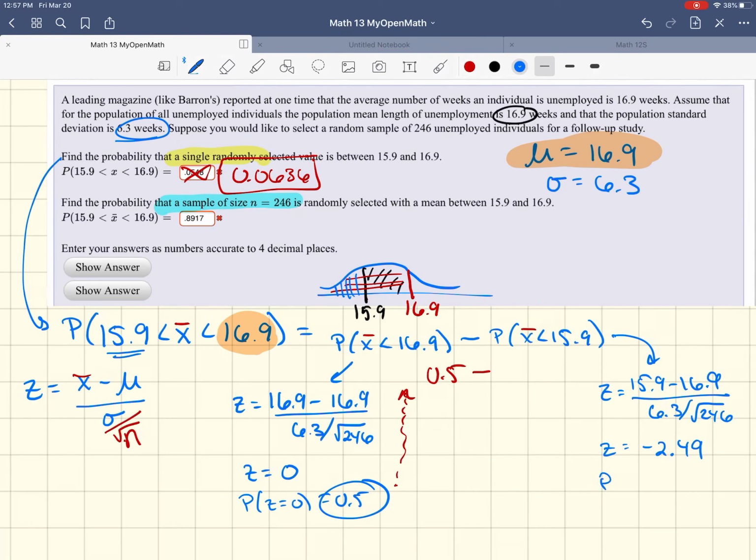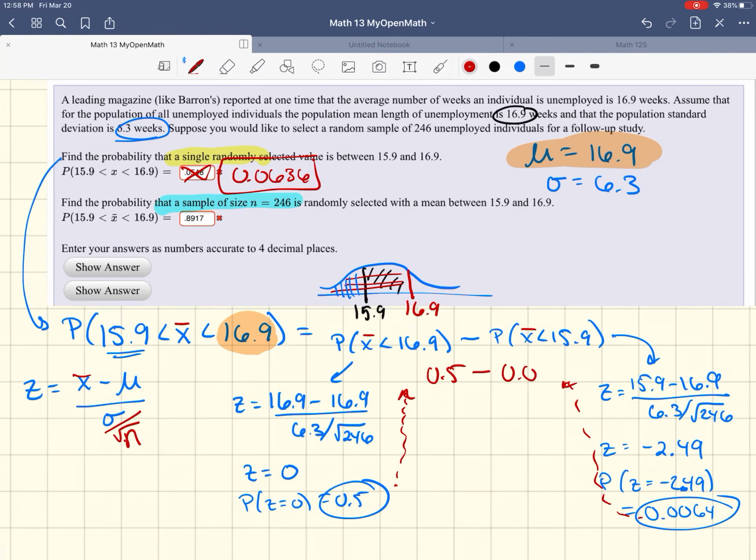Looking up on the standard normal probability chart, the probability associated with negative 2.49 is 0.0064, or something close.